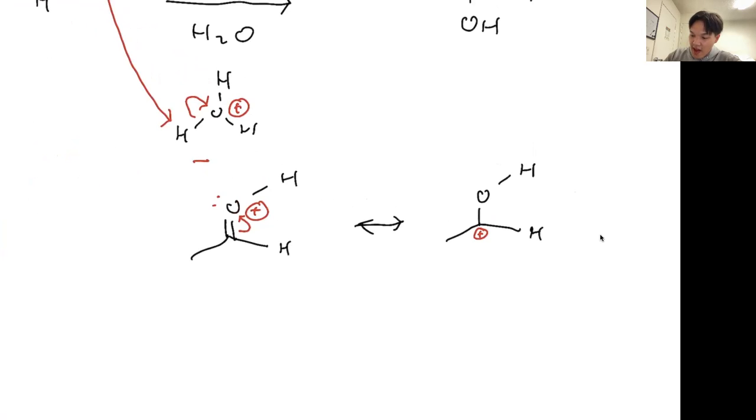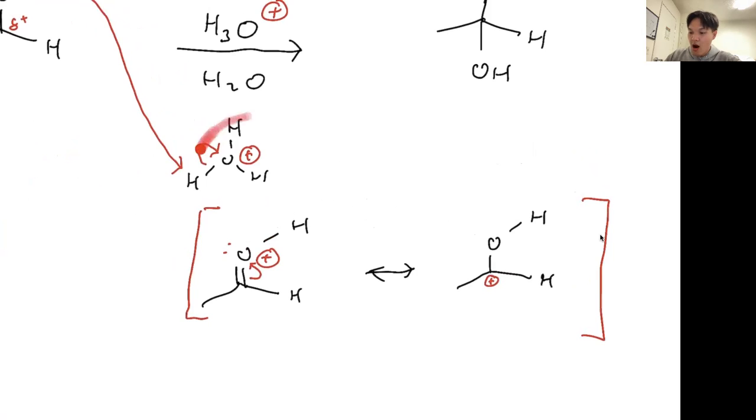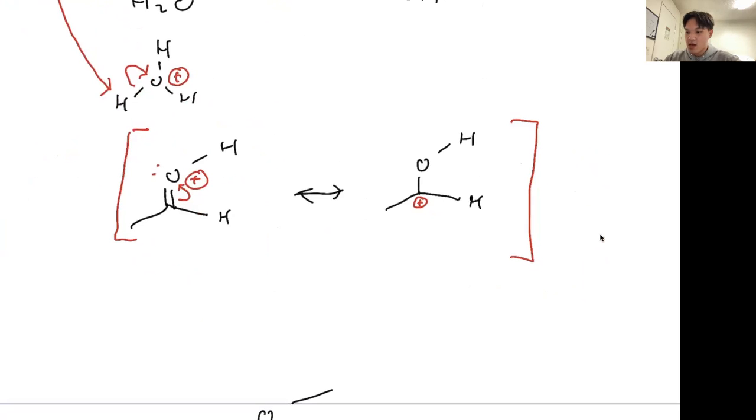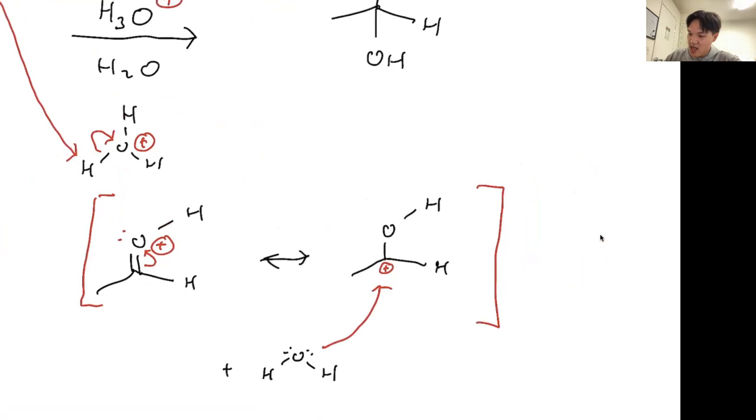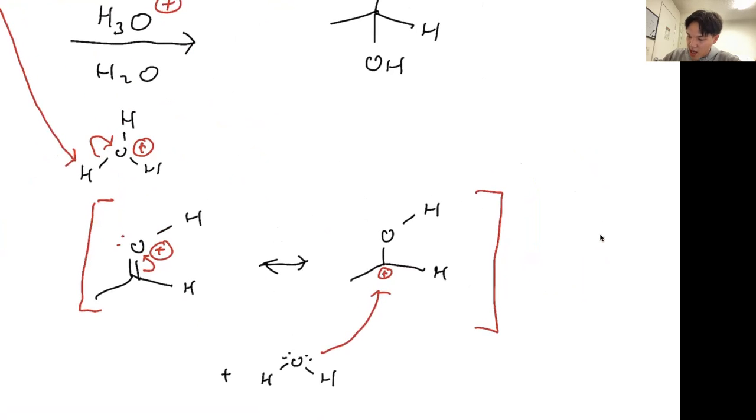And because we have a positive now, we can react it with our water that we just had right here. So if we add it with water, it's going to attach to that, and it's going to make this compound, right?